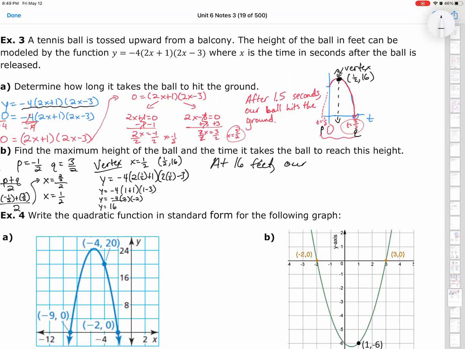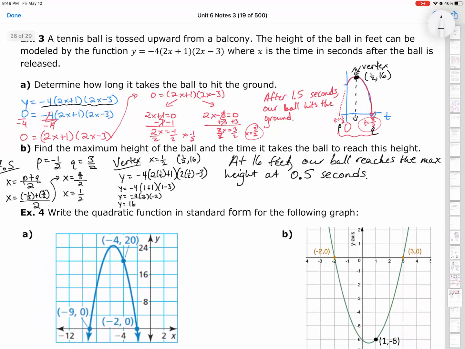Our ball reaches the maximum height. And we've also found out at what time that happens at 0.5 seconds. Go ahead, feel free to pause the video if you have any questions at all on example 3.